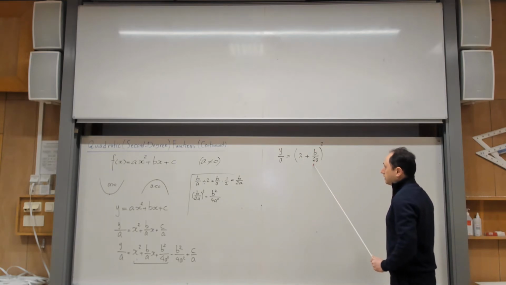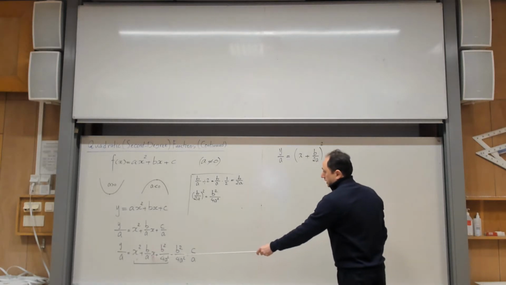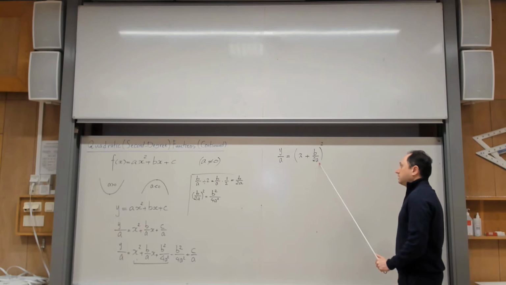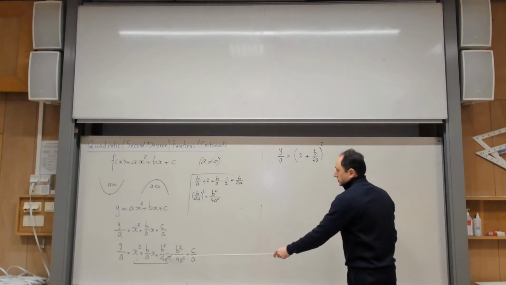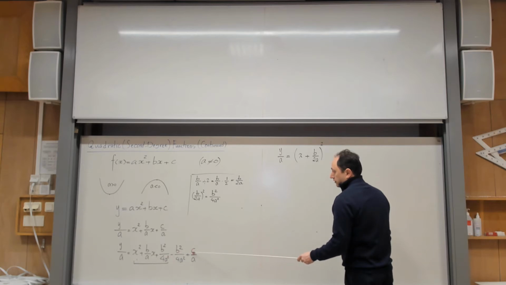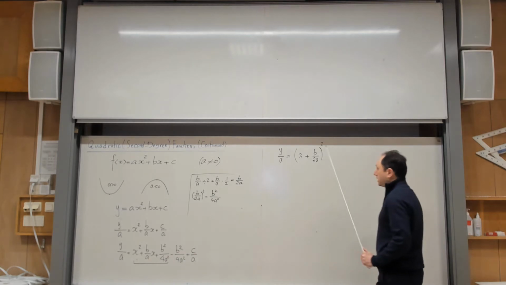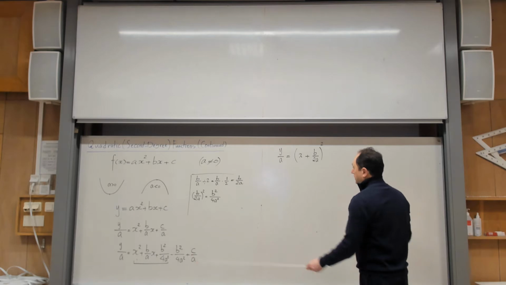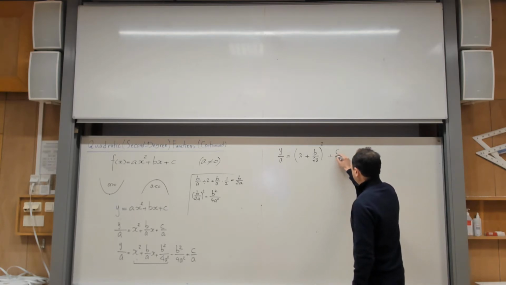That 2 and this 2 cancel, so it becomes b over a x, and that is exactly b over a x. And finally, the second one to power 2 becomes b squared divided by 4a squared. That is correct. So then I am left with these two terms that I have to write here. If you don't mind, let me write the positive one first, and then I will write the negative one.